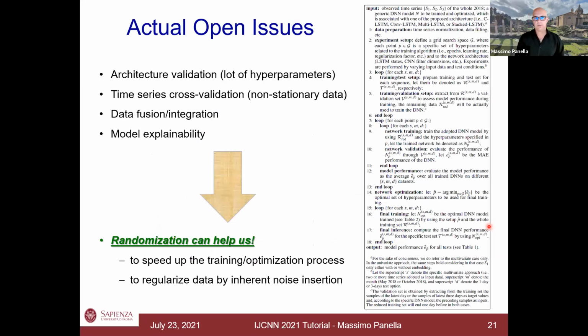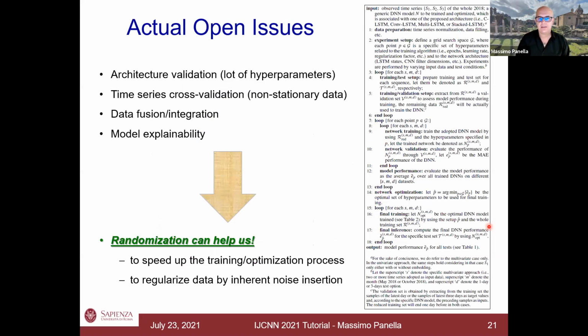Actual open issues are the architecture validation. That is typical of deep learning because we have a lot of hyperparameters, and not all of the hyperparameters can be cross-validated or assessed. And the problem is also that in time series forecasting, we have to deal with causality, and not, for example, as in time series classification, where we can use bidirectional layers because we have all the time series.